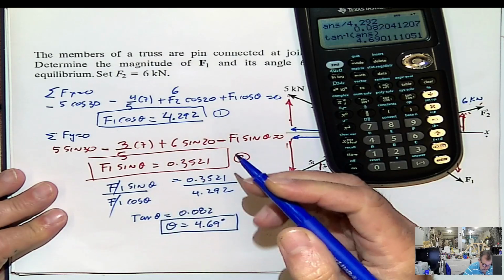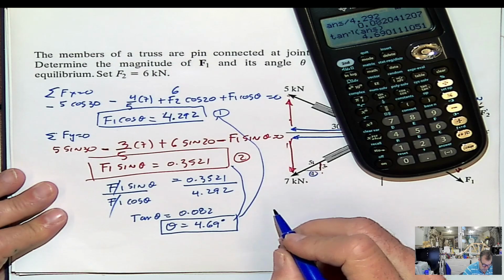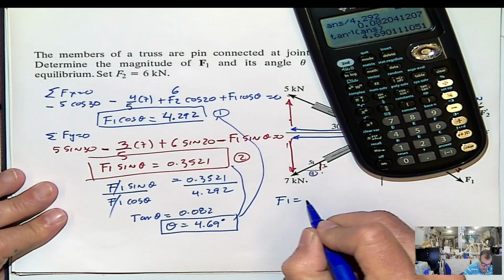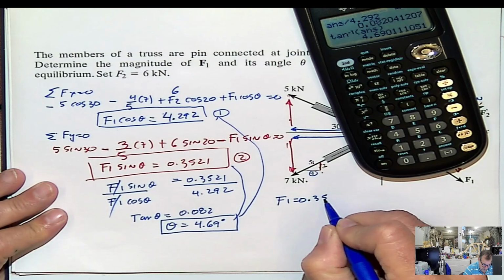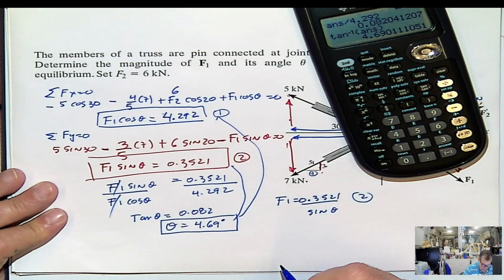And in order to get F1, I can substitute either in 2 or in 1. So I can say that F1 is going to be equal to 0.3521 divided by sine of the angle. That's equation 2.